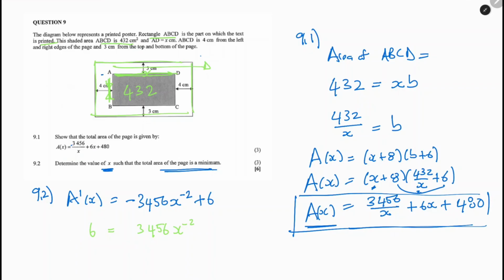Then I'm going to multiply both sides by X squared. I'm going to get 6X squared here, and on this side, if I multiply by X squared, it's just going to cancel, so I get 3456. Then I can divide by 6, and I'm going to get X squared is equal to 576.